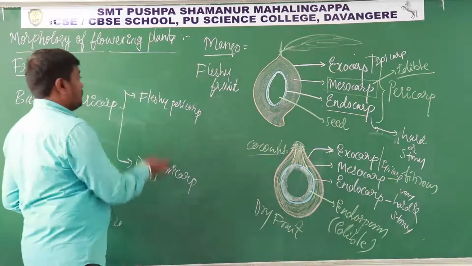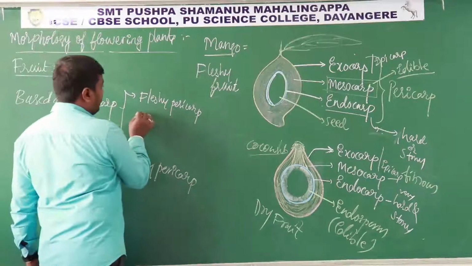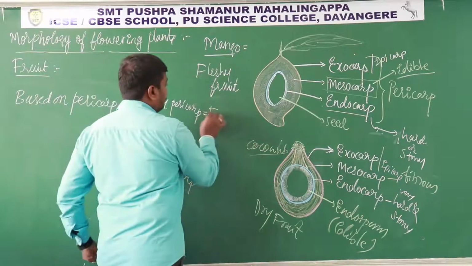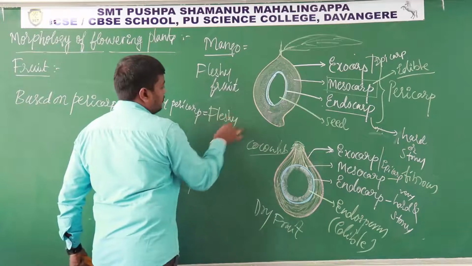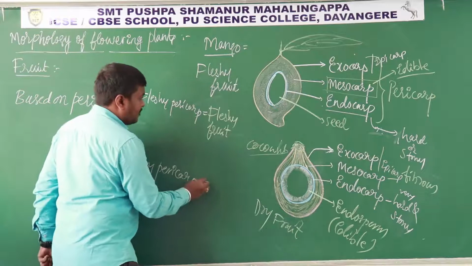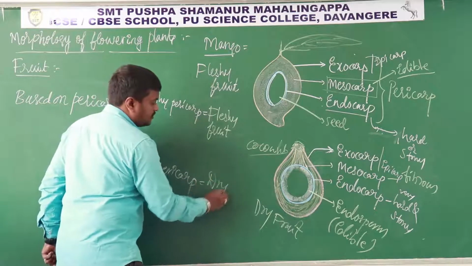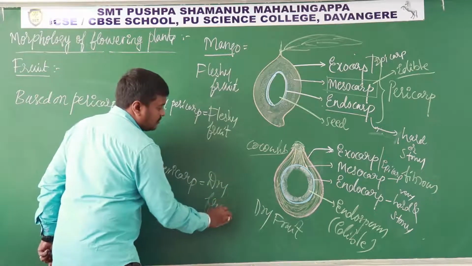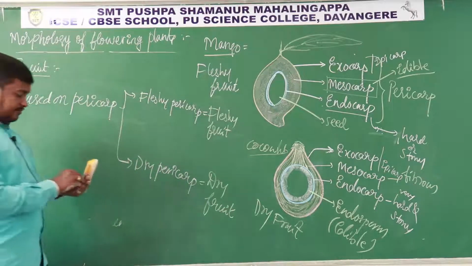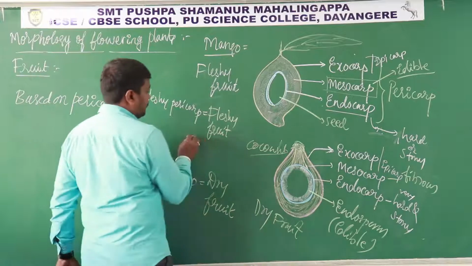So based on this we can call, if it has a fleshy pericarp, it is called fleshy fruit. If it has a dry pericarp, it is called dry fruit. Okay, so we can give many examples for this fleshy fruit.